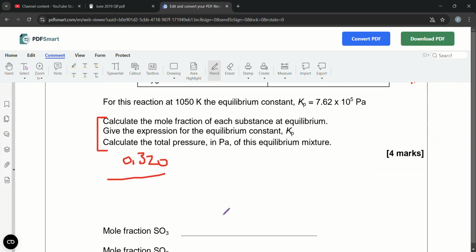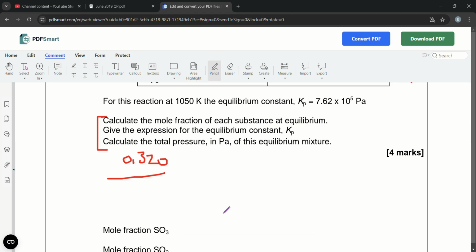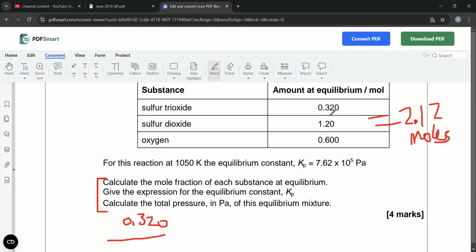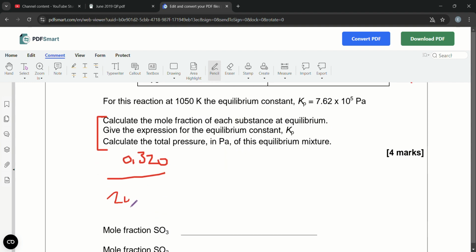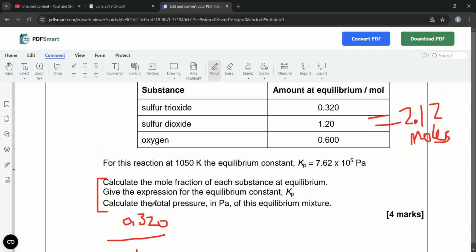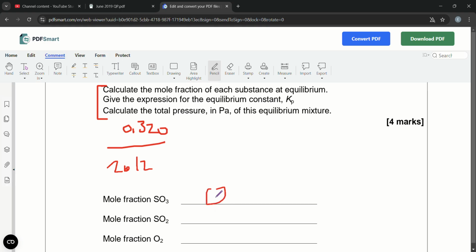Therefore sulfur trioxide is 0.320 over 2.12, and we get 0.15.